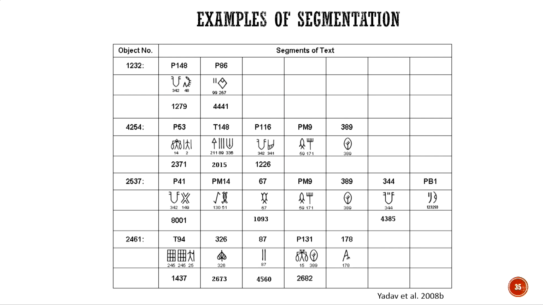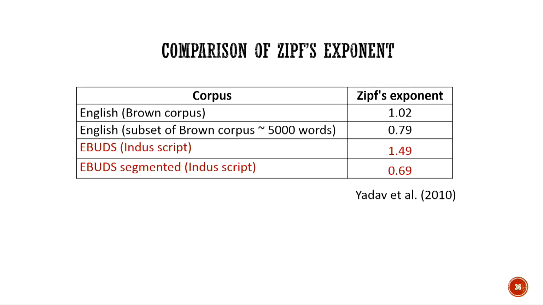Once we have a segmented corpus, just as an interesting exercise, I already showed you that most of these natural languages follow Zipf's law, and we have seen that in the earlier talks. But I just wanted to compute the Zipf's exponent for the segmented corpus.